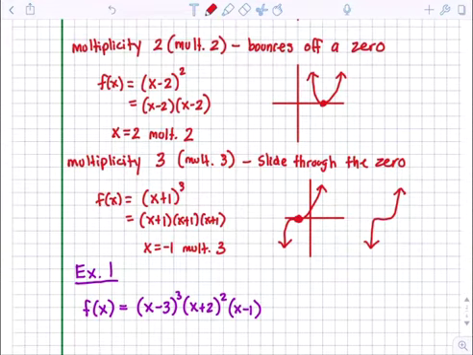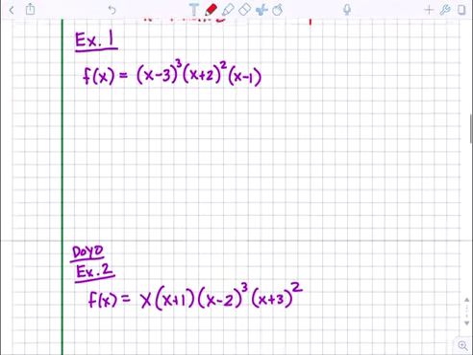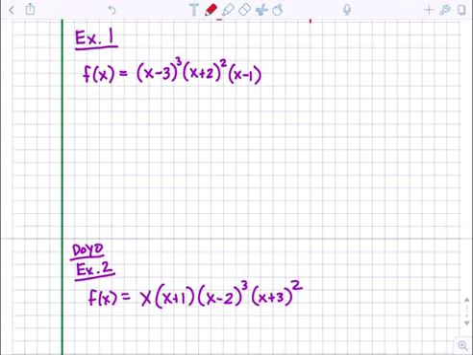Now we're going to combine both what end behavior is and multiplicities, and we're going to apply that to graphing polynomials. So let's look at this first example. Okay, so first we have to find our zeros.